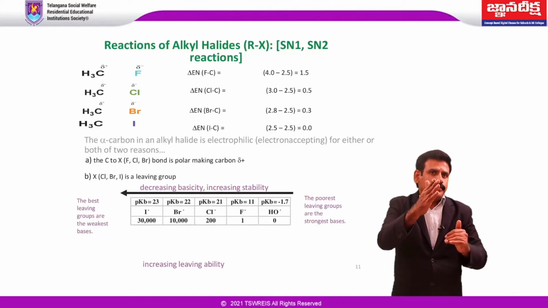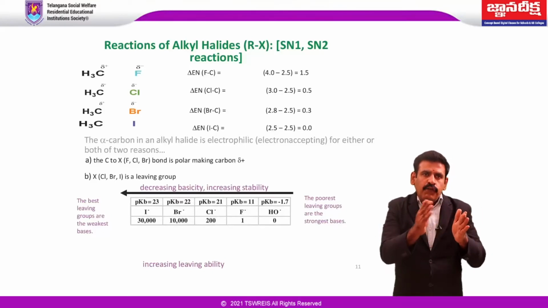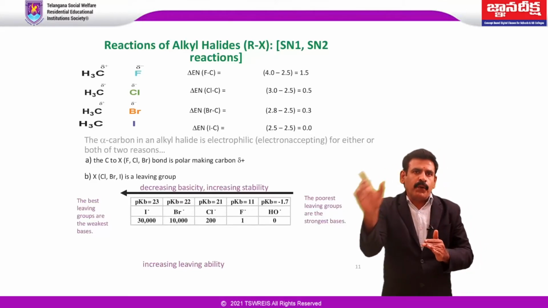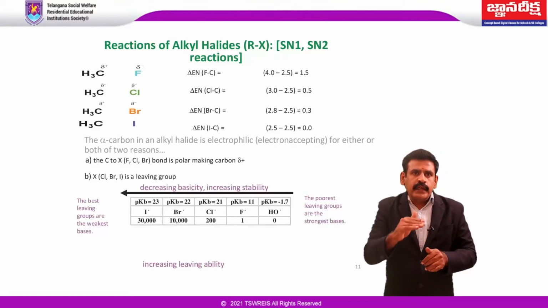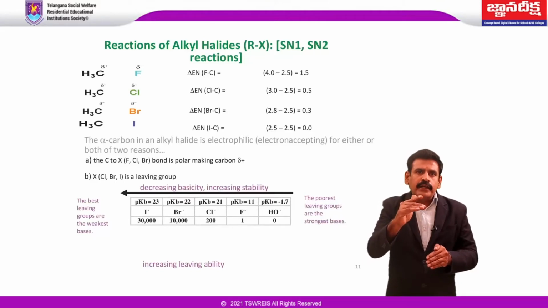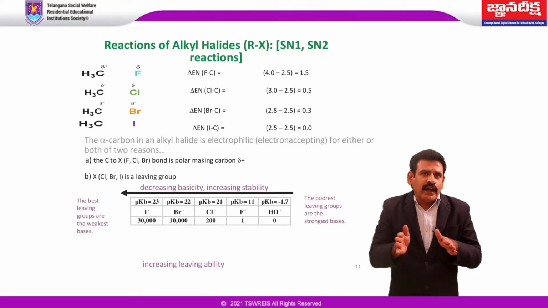In methyl fluoride, the electronegativity difference is 4 minus 2.5, which gives 1.5, the largest difference. Then methyl chloride is 3 minus 2.5, giving just 0.5. In methyl bromide the difference is just 0.3. But in methyl iodide you get 0, both being 2.5 and 2.5.